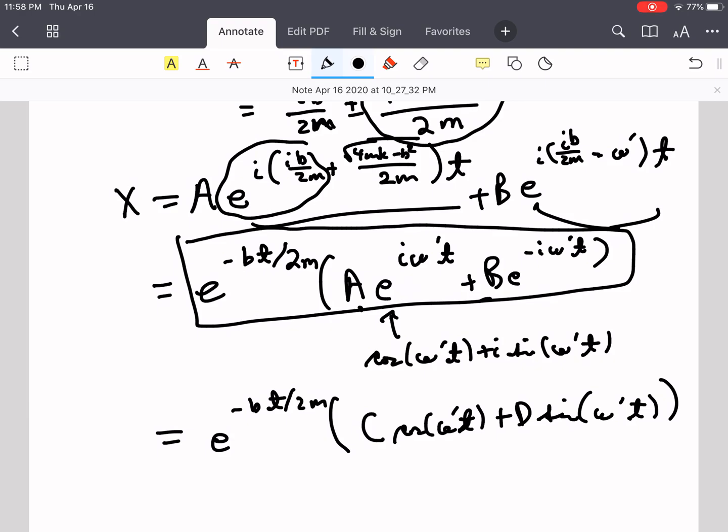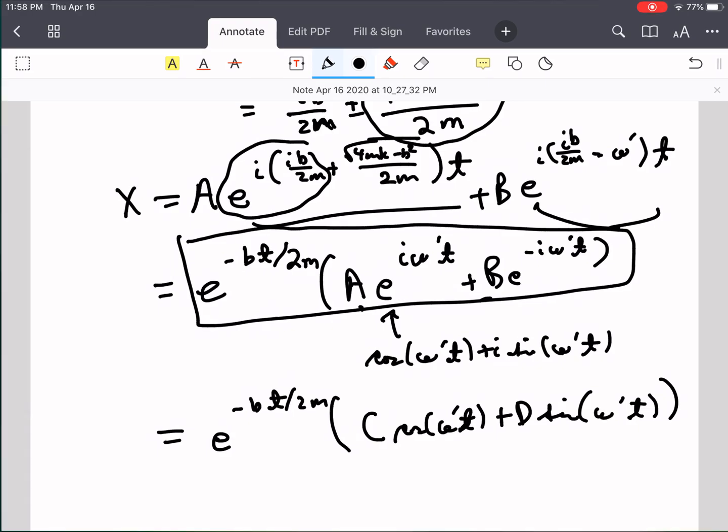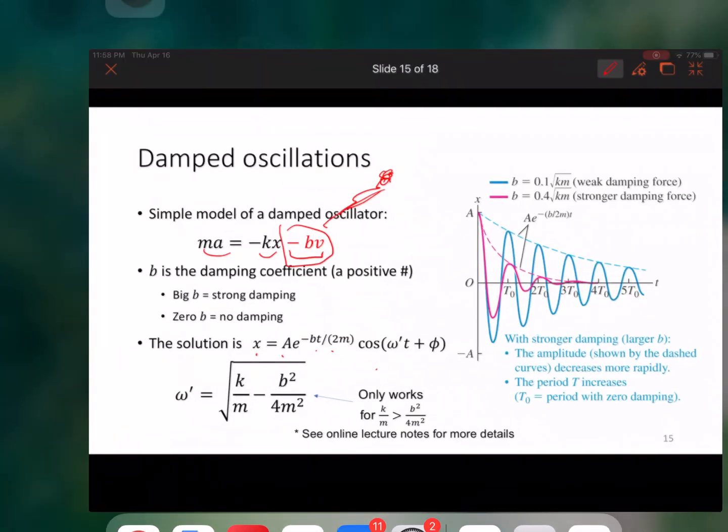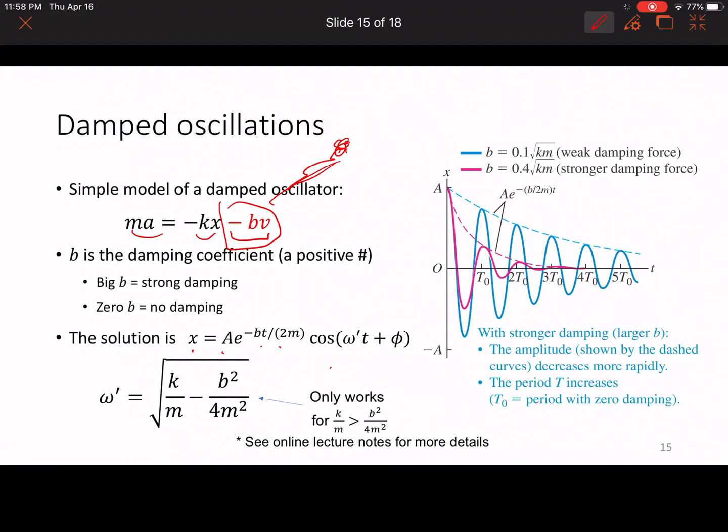And you may notice that's exactly what's written in the solution in the notes. A damped harmonic oscillator, cosine of omega prime t plus phi, is equivalent to the cosine plus sine, times an overall exponential. And this exponential is the curve that tells me how it damps out. So that's the solution to the damped harmonic oscillator.